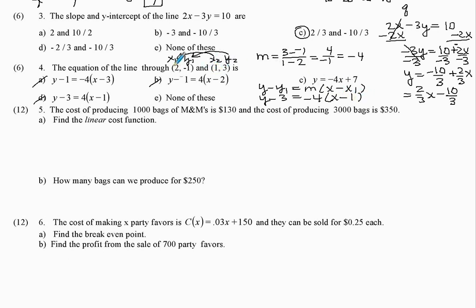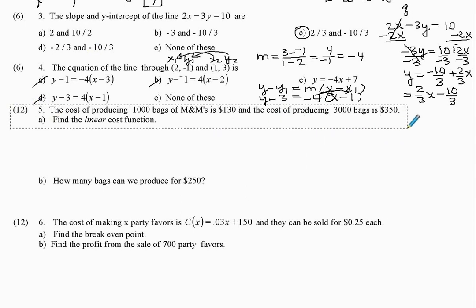Now we could have used this point here. We could have done y minus -1 equals -4 times x minus 2. Once you simplify, you'll get the same answer. So it doesn't matter which point you take there. So now we want to take this -4 and multiply it times each piece. So we'll have y minus 3. Let me move this guy out of the way a little bit for us here.